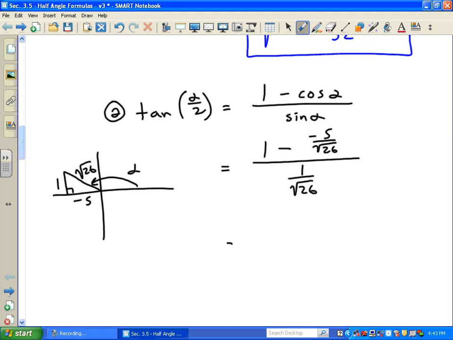As we did before, we can simplify our signs first. 1 plus 5 over root of 26, and then this is 1 over root of 26. Now rationalize the roots of 26.